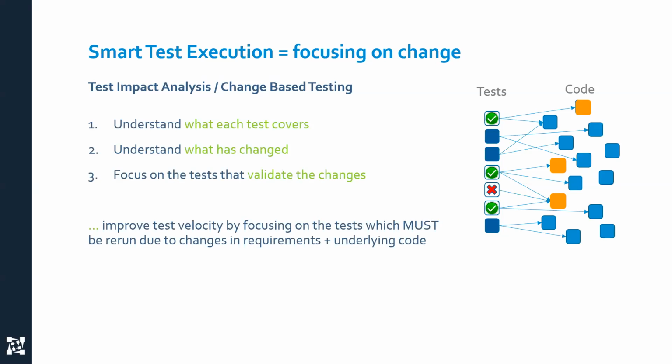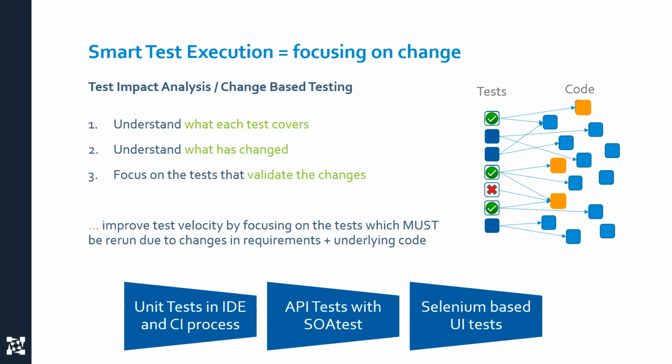We actually do this for 3 different parts of testing within the testing pyramid. We do this for unit testing, both in the IDE, so the developers can perform this test impact analysis prior to checking into source control, as well as part of the CI process. We can also do this at the API level.